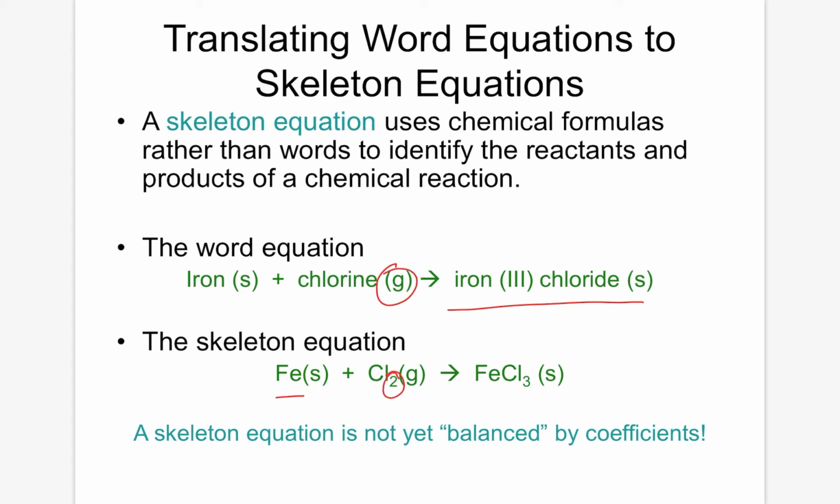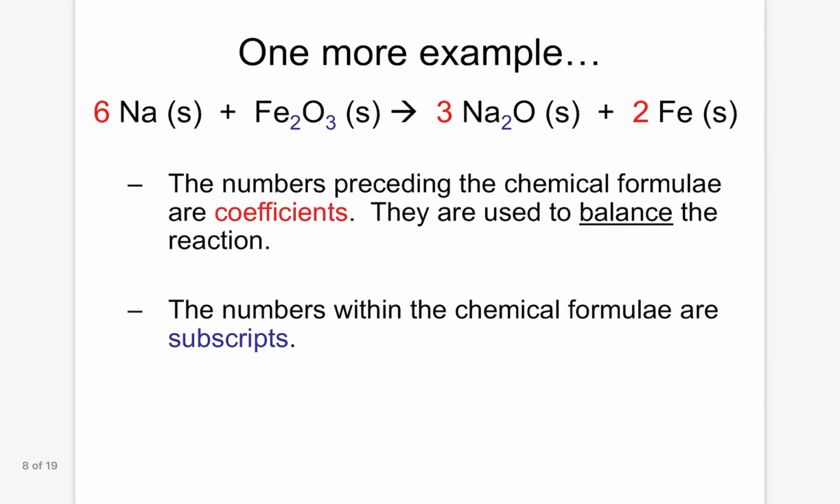And then iron 3 chloride, you would do this from the charge, so that's what the parentheses is letting you know. So iron Fe would have a plus 3 charge, chlorine Cl has a negative 1. You do the swap and drop, and it'll give you FeCl3. Okay? By no means is this balanced, but you get the idea.